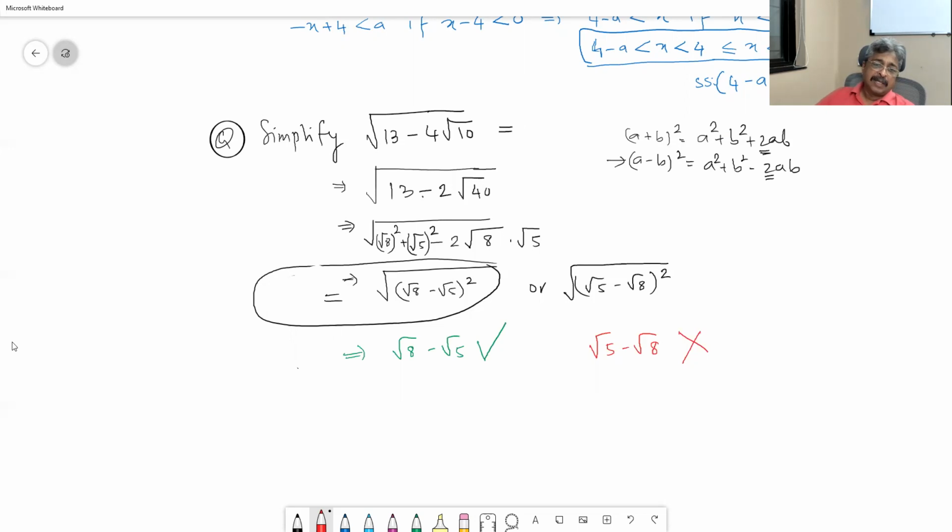Because if you solve both of them, I am solving both of them in blue simultaneously, the answer is the absolute value of radical 8 minus radical 5. In this case, the answer for this will be radical 5 minus radical 8.